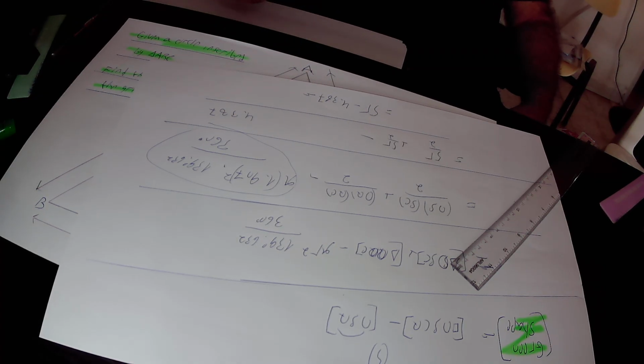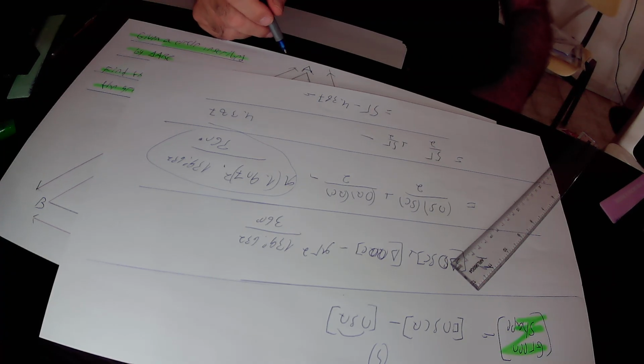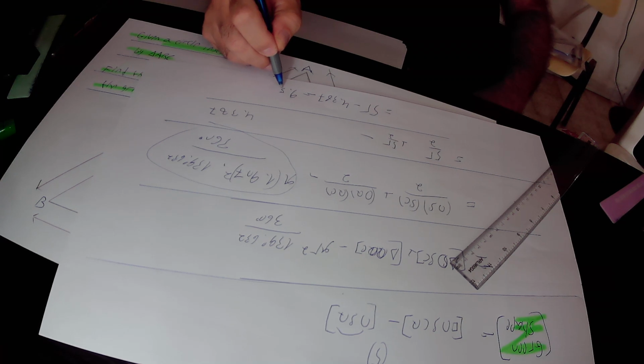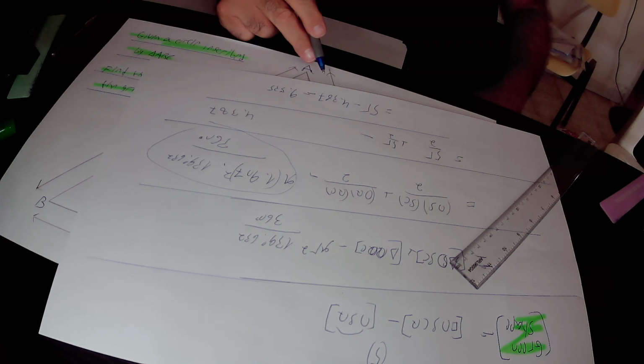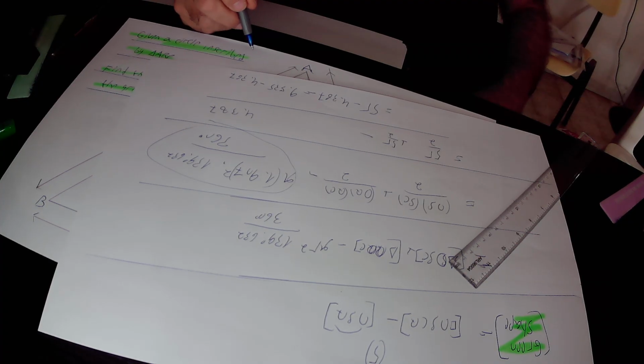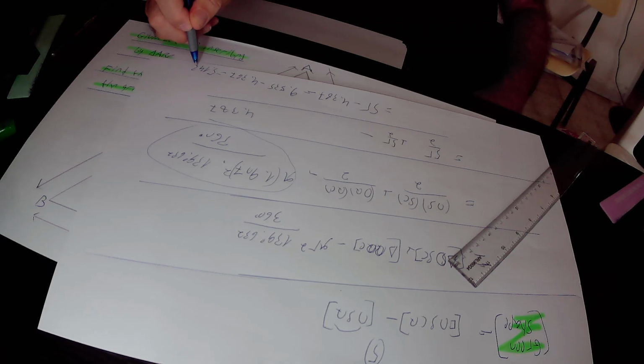R is 1.907, therefore 5R will be equal to 5 times 1.907, that equals 9.535, minus 4.387. 9.535 minus 4.387, in total it is equal to 5.148 square meters in size.